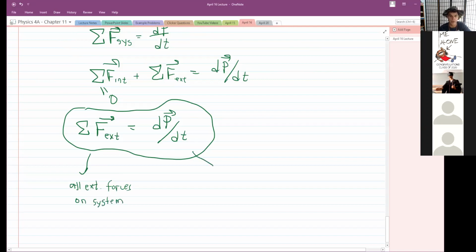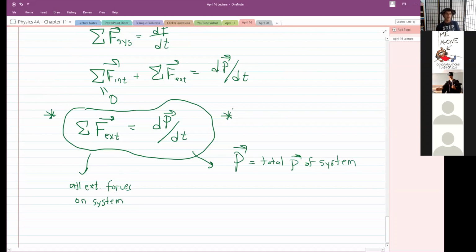This right-hand side, P, is the total momentum, P, of the system. So if I had 5 different objects, I need to look at the total momentum of all 5 objects added together. So this equation is basically what conservation of momentum comes out of.